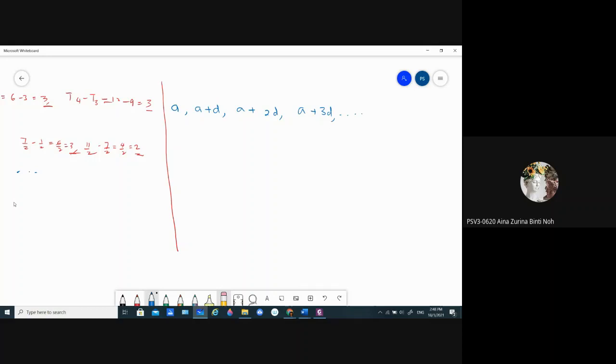From here, we know that term 1 is A, which can also be written as A plus (1 minus 1)D. 1 minus 1 is 0, 0 times D is 0, so it's still A. Term 2 is A plus D, which can also be written as A plus (2 minus 1)D.